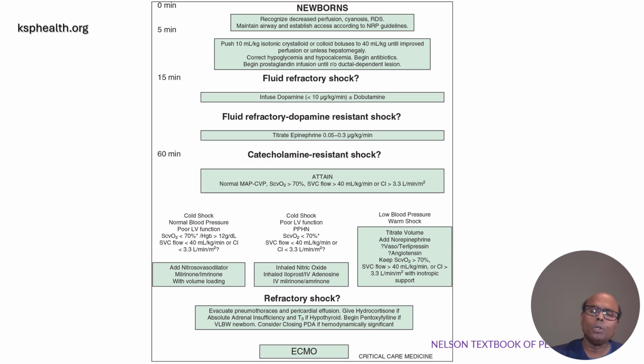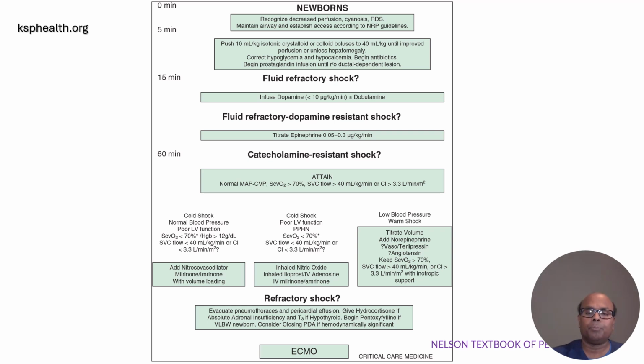Another group is cold shock with poor left ventricular function and pulmonary hypertension. Those patients need to be started on inhaled nitric oxide or inhaled prostaglandins, along with IV milrinone or amrinone.